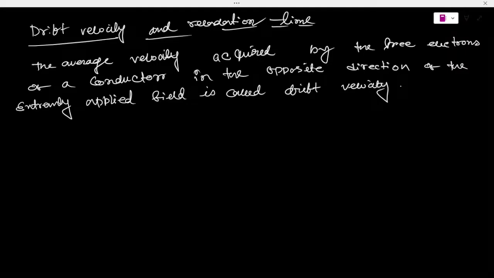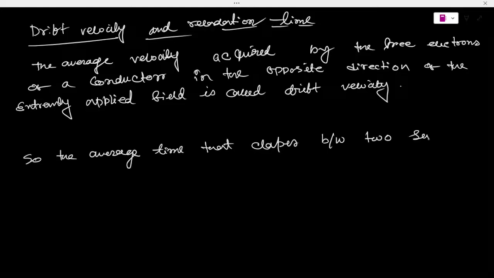So the average time elapsed between two successive collisions of an electron is called relaxation time.